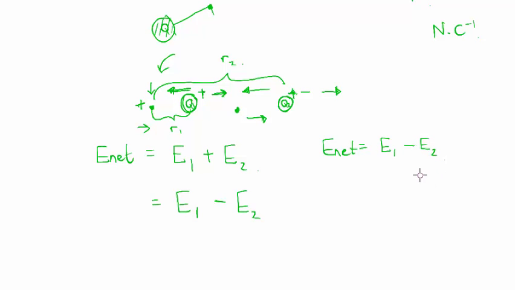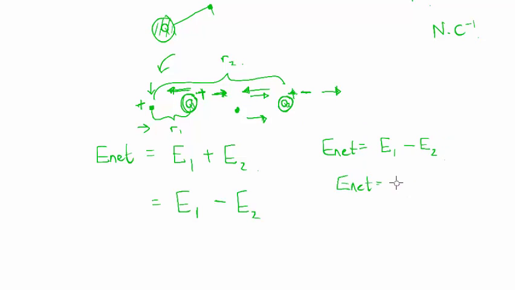Does that make sense? Now, if the one was positive and the other one was negative, and I was outside, then I would use the difference. But if I'm inside the two, then the one is pushing me away, the other one is attracting me. The one pushing me away is pushing me in the direction the other one is attracting me to. So now they're working together.